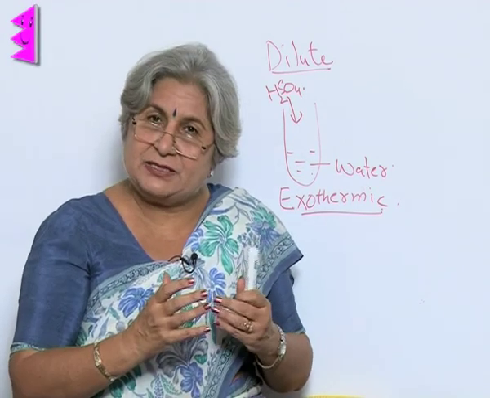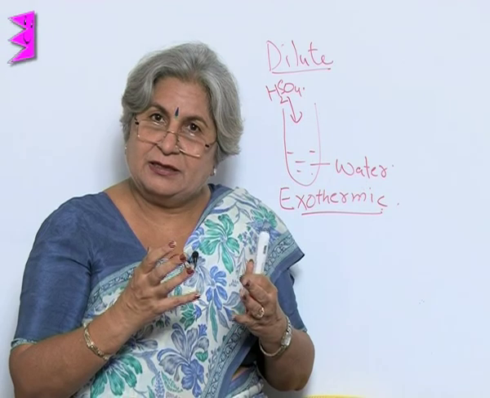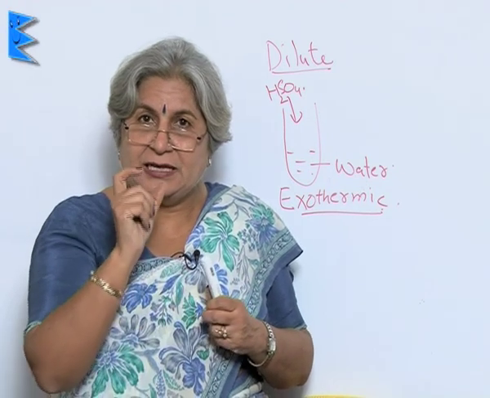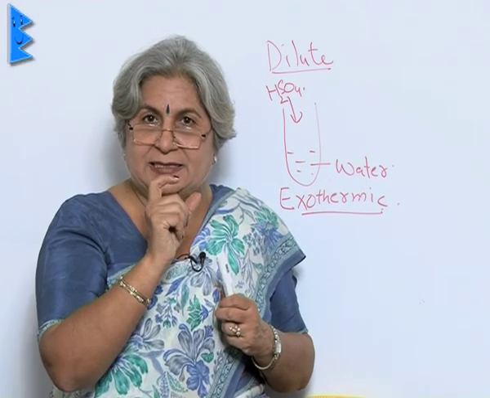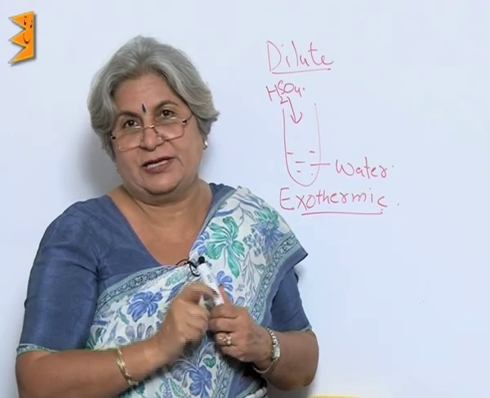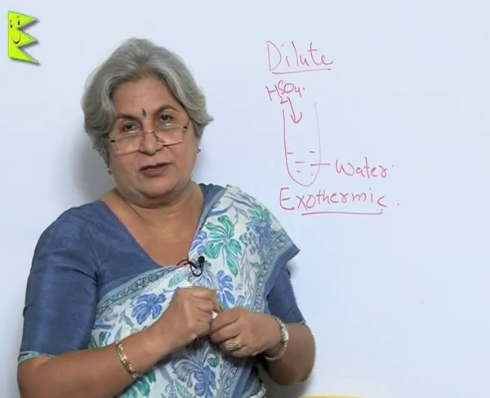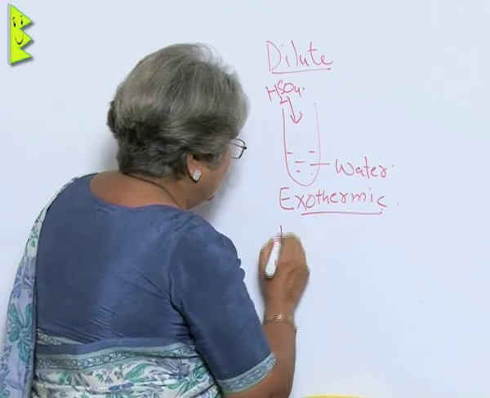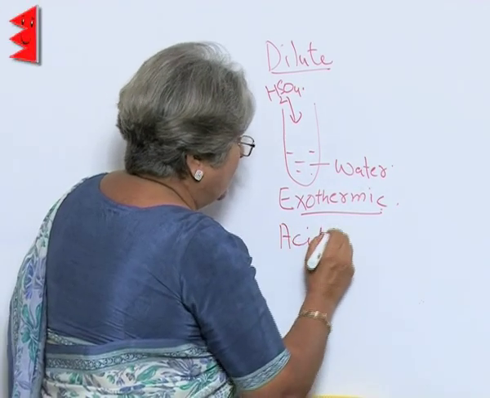So, what happens? Why then does it become diluted? Because the amount of acid per unit volume is reduced, because there is more water.